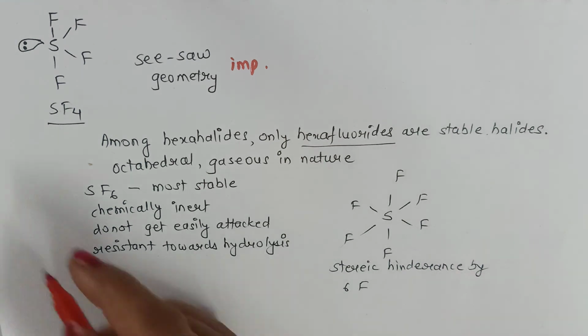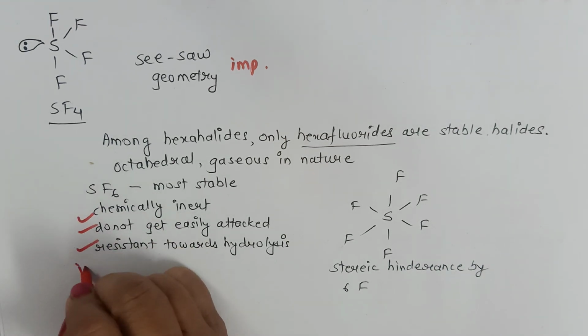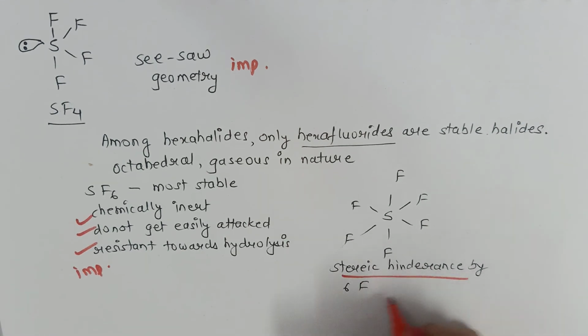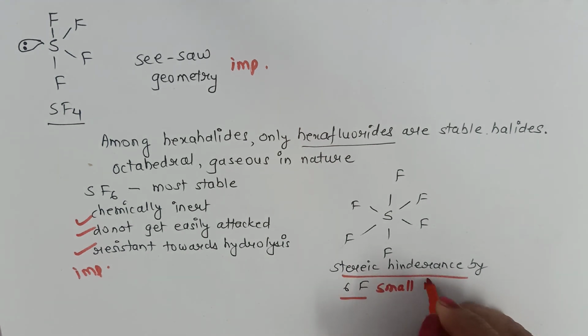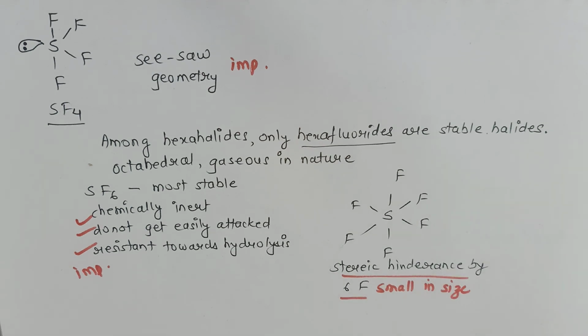Now all these questions are very important and there is only one keyword answer: steric hindrance by 6 fluorine atoms. Fluorine atoms are small in size and they surround the larger sulfur atom.